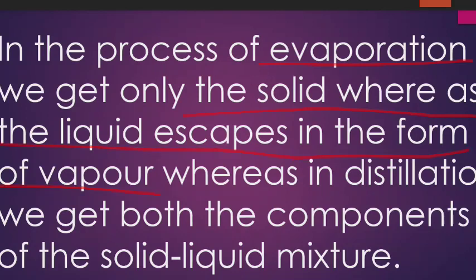But in the case of distillation, we get both components of the solid-liquid mixture. So in evaporation we get only solid and the liquid escapes as vapor, whereas in distillation we get both solid and liquid from the solid-liquid mixture.